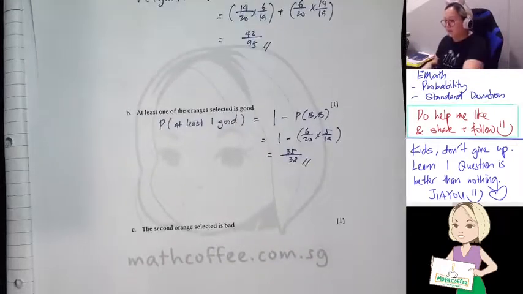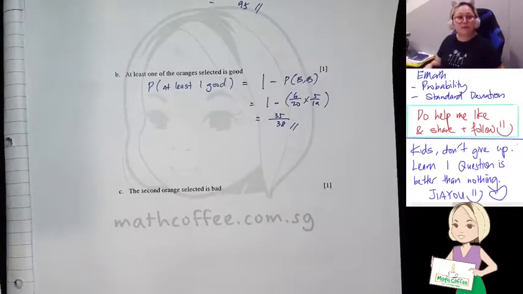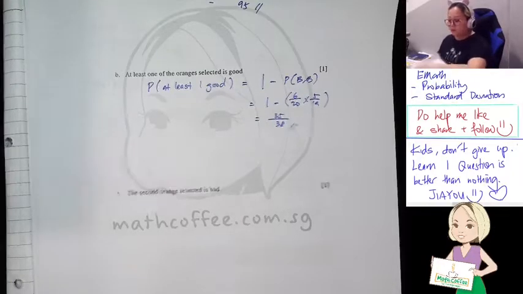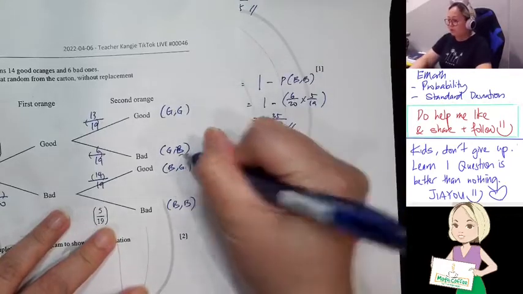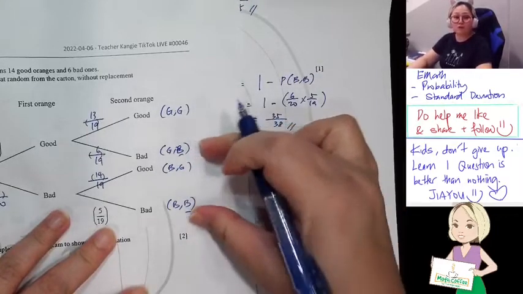Okay. So let's take a look at this part. They say the second orange selected is bad. So it's easy. If you look back at this one, you will see that when they talk about second is bad, this means this one. They are talking about these two scenarios.